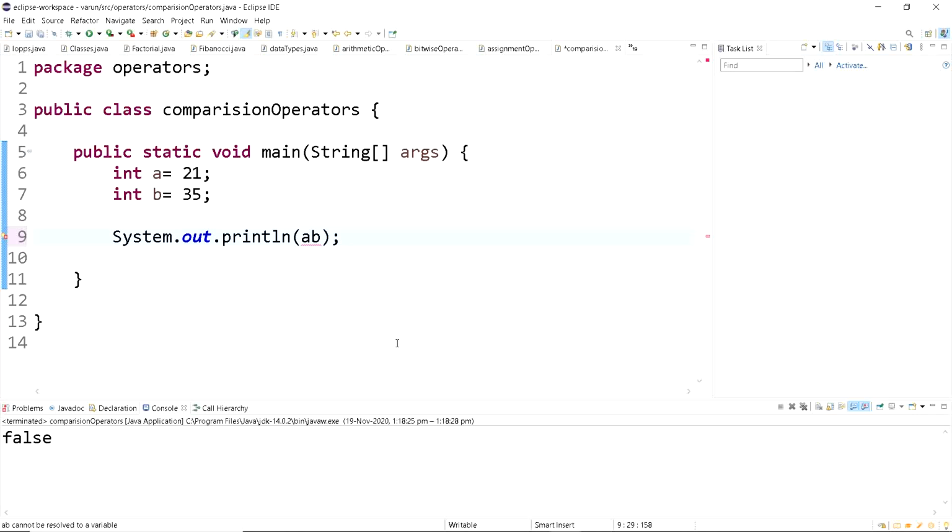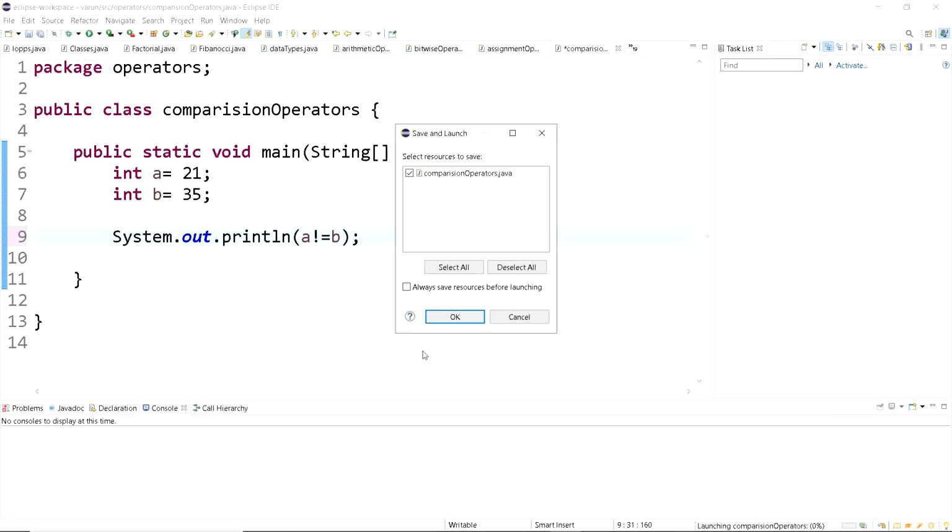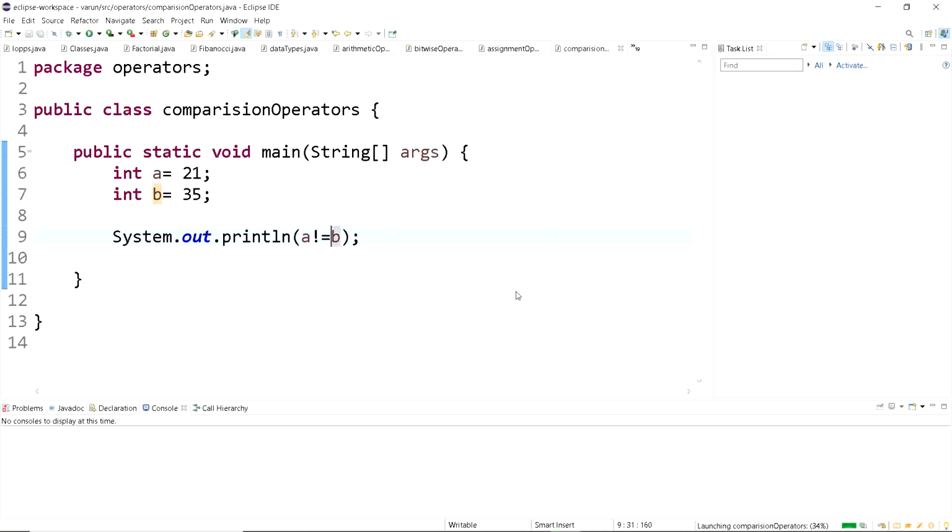In order to check whether it's not equal to b, we need to use this bang and equal to. It is showing true. So this is how we compare two numbers using comparison operators in Java.